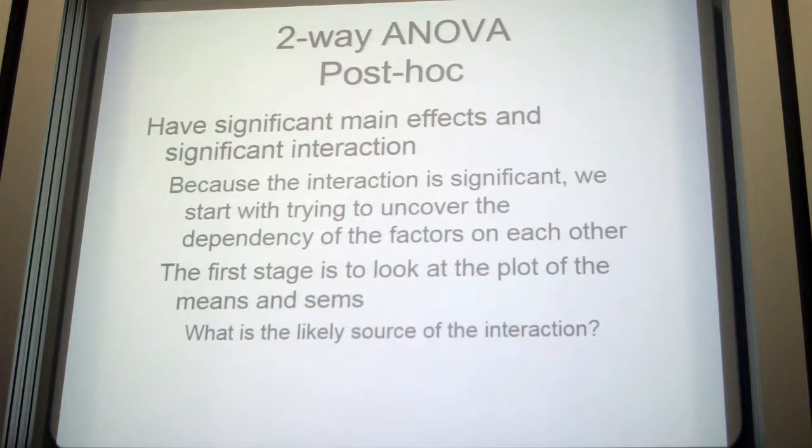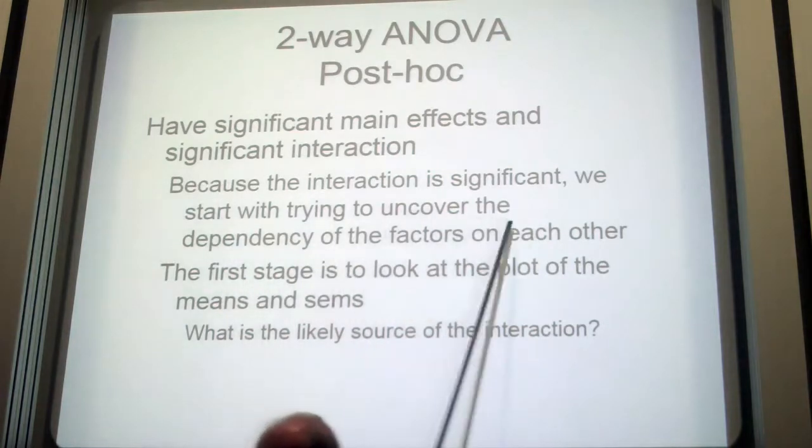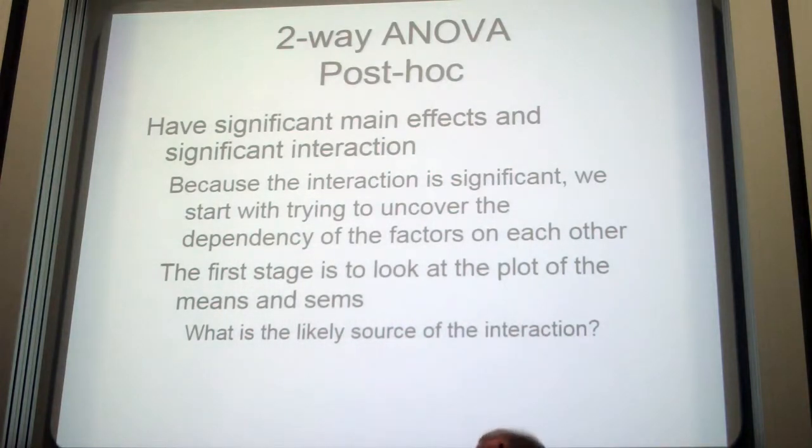Okay, so as soon as we see the interaction, we go, aha, we've got a main effect and an interaction. We've got to look at the interaction first. Okay, so we're going to try and start to uncover that dependency, which is all that the interaction means, that dependency between things. So there's an effect which is moderated, the size of it depends on, moderated by the other factor.